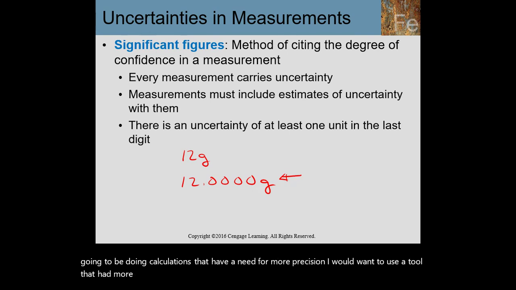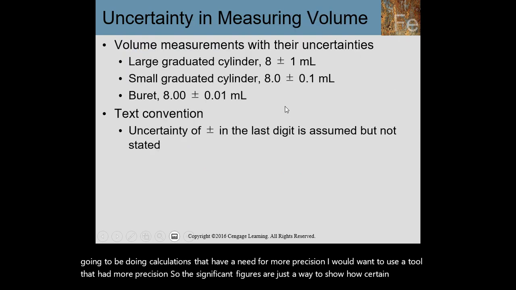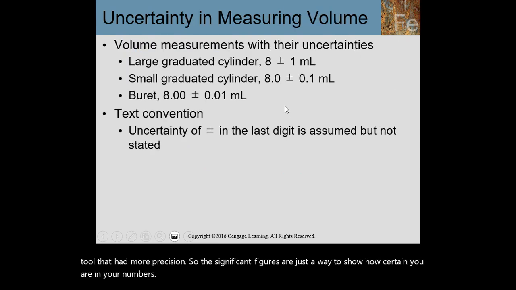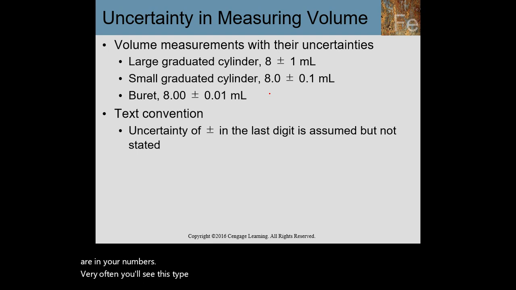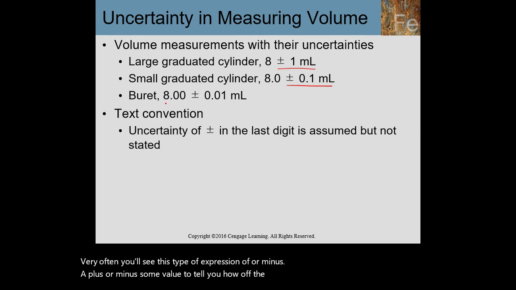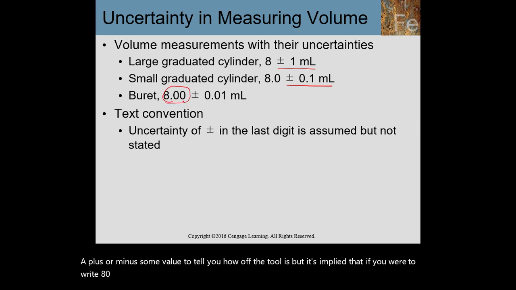So the significant figures are just a way to show how certain you are in your numbers. Very often you'll see this type of expression of plus or minus some value to tell you how off the tool is. But it's implied that if you were to write 88.00, that this number is your guesstimate, the number that you're estimating is that last digit. It's assumed.